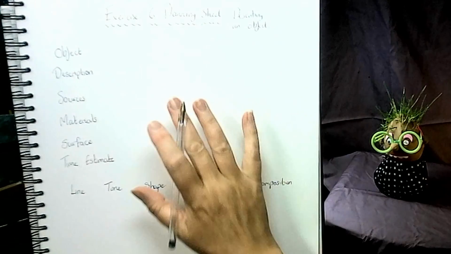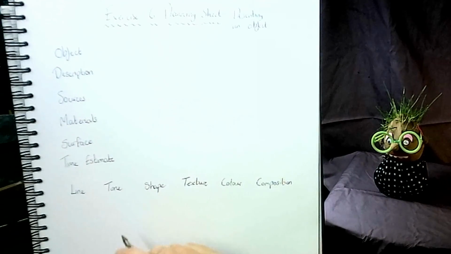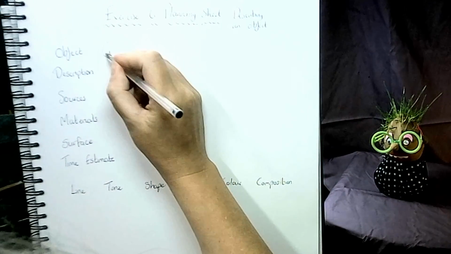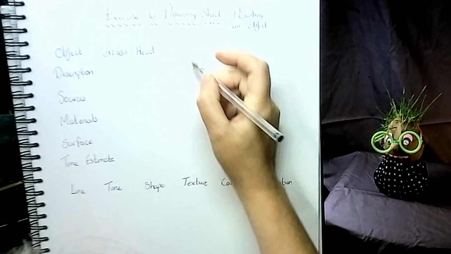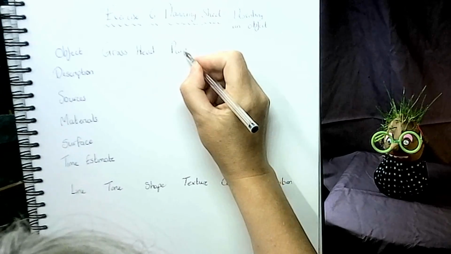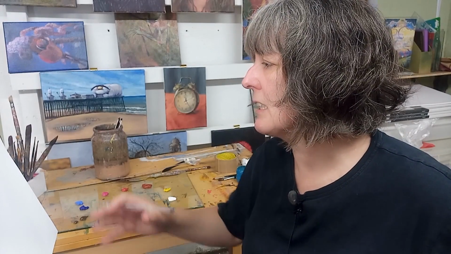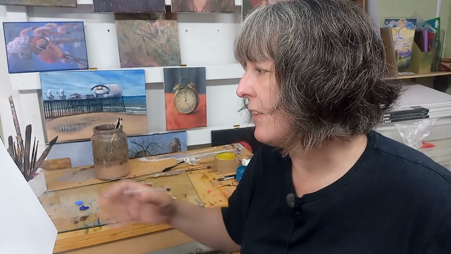Okay. Exercise 6, planning sheet. The object for this one is a grass head, and I'm going to put purple background because with this grass head, when I chose it, there were lots of ways I could describe this thing, and it stood by itself in a picture.